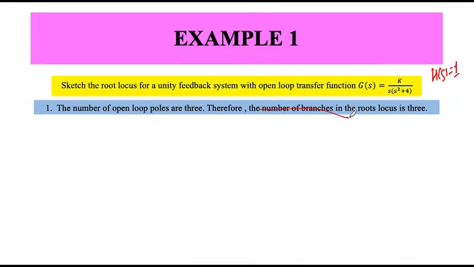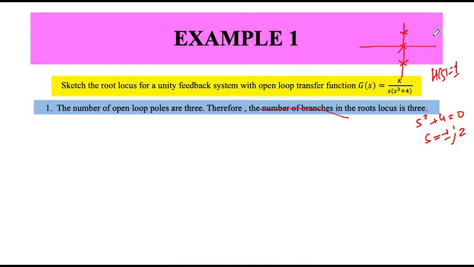Let me approximately draw something here. I have one pole at 0, and another pole set by s square plus 4 equals 0, so s equals plus minus j2, one here and one here.